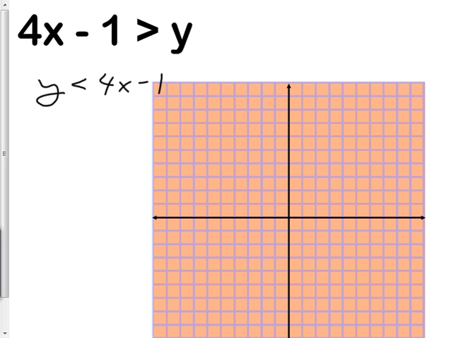Graph it. You've found the equation for it. Graph it. Yes. Nice job. Yes. Yup. Still waiting for many of you. Good.